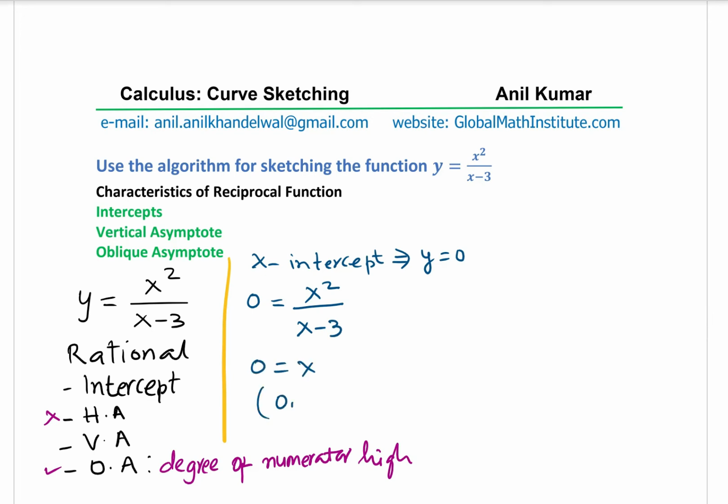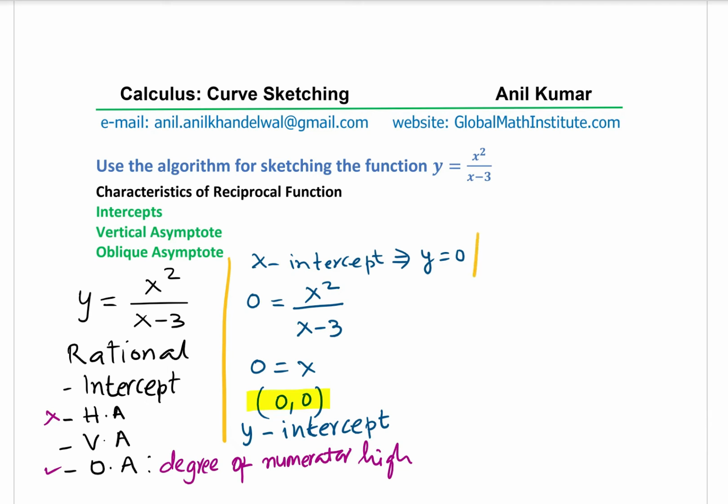And therefore, (0, 0) is our x-intercept. Clearly, that is also the y-intercept, since when the y value is 0, the x value is 0. So the graph crosses the origin, which means the origin is on the graph. Let me highlight this point, which is on the graph.